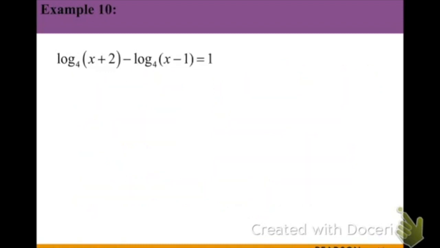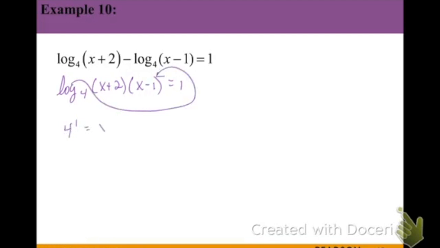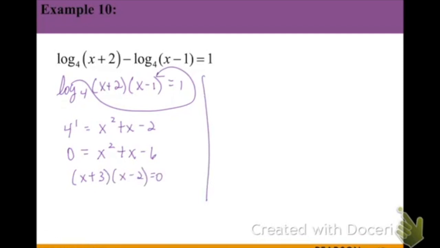All right, let's try another one. I hope you're getting good at this. So let's multiply those log values and then switch to exponential form. So 4 to the first power equals, and let's multiply, x squared plus x minus 2. Subtract your 4 over, and then let's factor. So x plus 3 times x minus 2 equals 0.